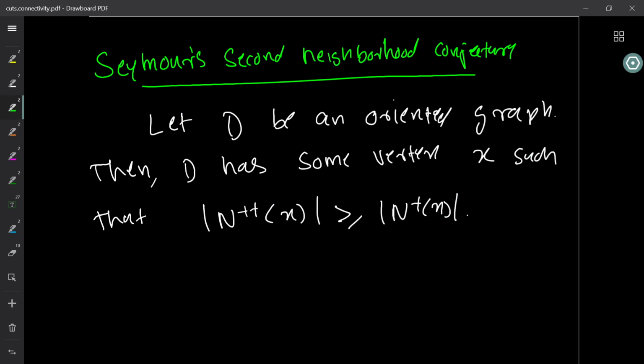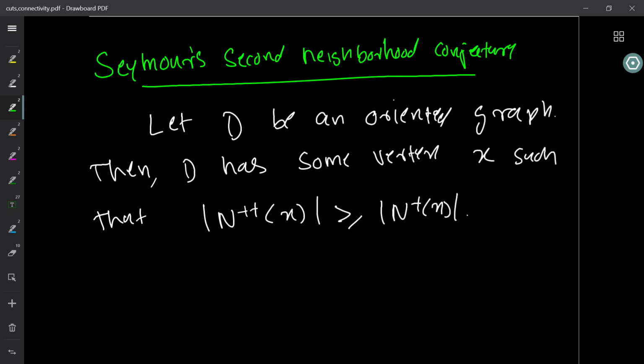So given a directed graph, which is an oriented graph, then this graph has some vertex x such that its second neighborhood, which is N plus plus of x, is at least as big as the first neighborhood, which is N plus of x. Now, this conjecture is proved for tournaments.